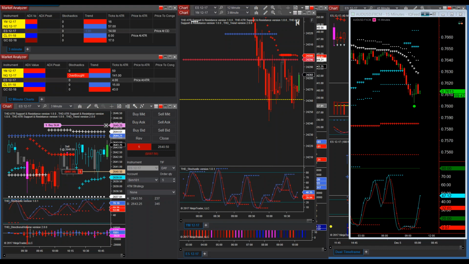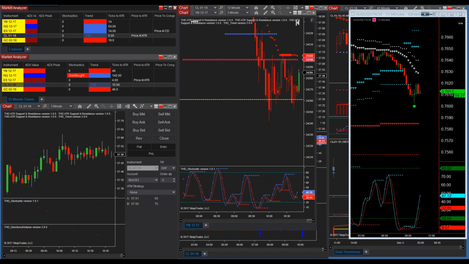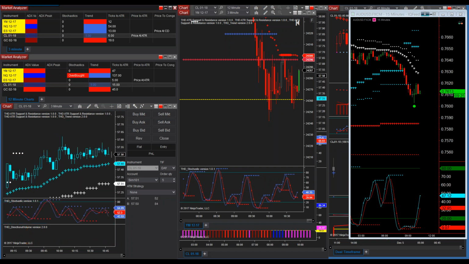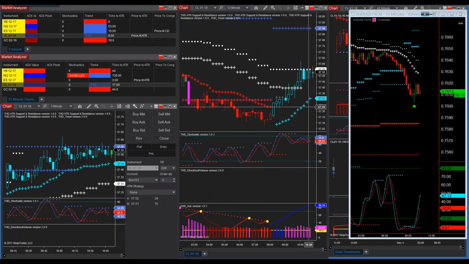Let's get a look at crude real quick. Again, you just wait for it to pop up, price at the ATR. And let me move this out of the way.